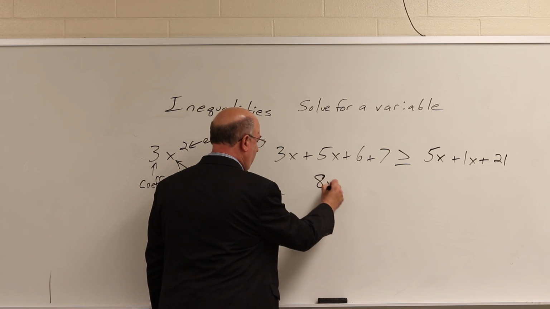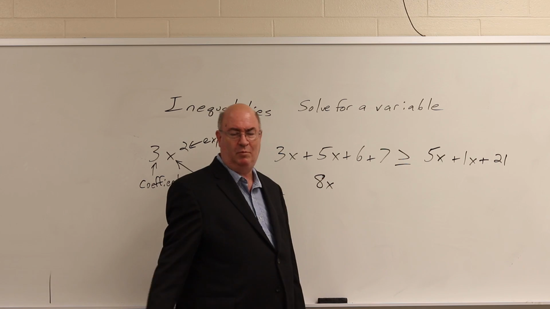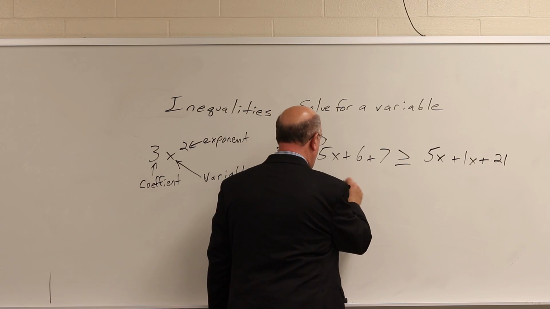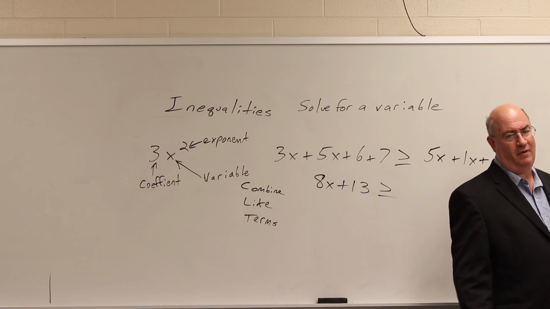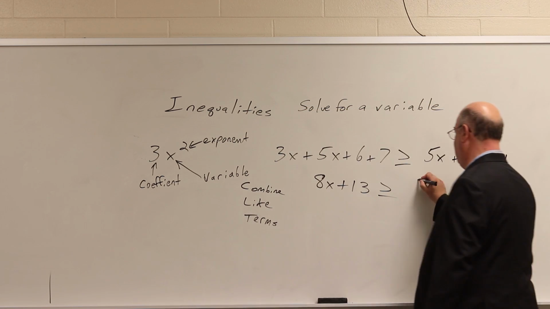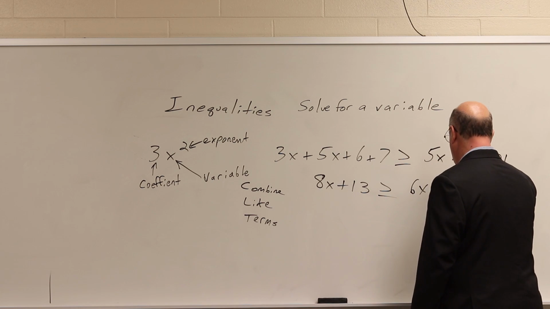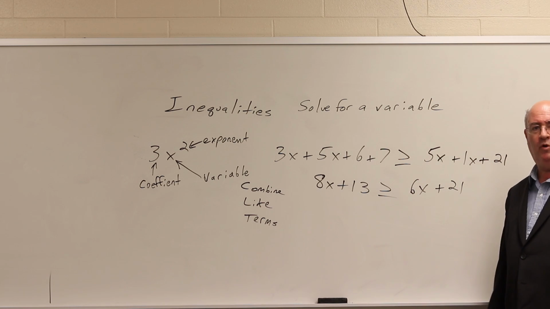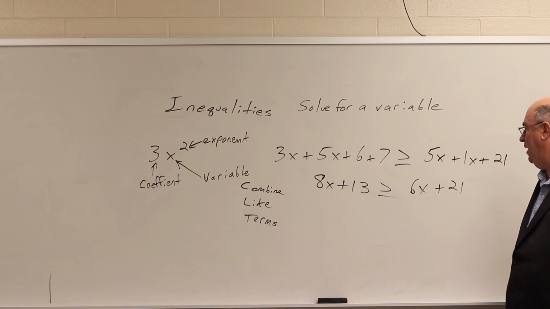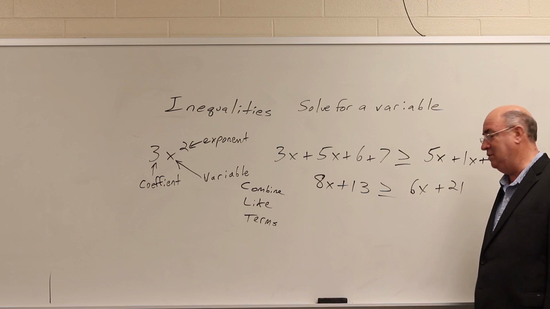Put them together, 8x. 6 and 7 are numbers, they're like terms. 13, greater than or equal to. 5x and 1x, like terms, 6x. 21, it's hanging out by itself. We're going to move things back and forth, and we're going to figure out what x is.